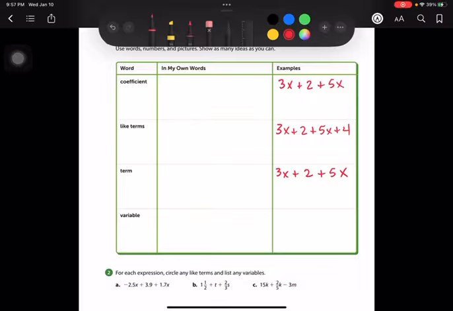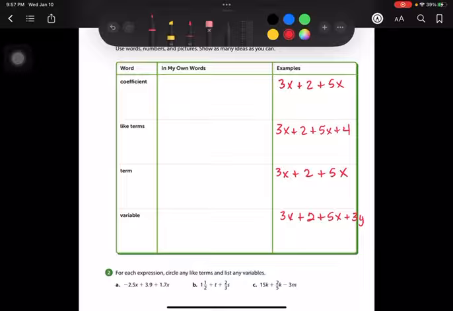And I want you to list the terms. For the variable, if I have 3x plus 2 plus 5x plus 3y, I want you to tell me what the variables are.